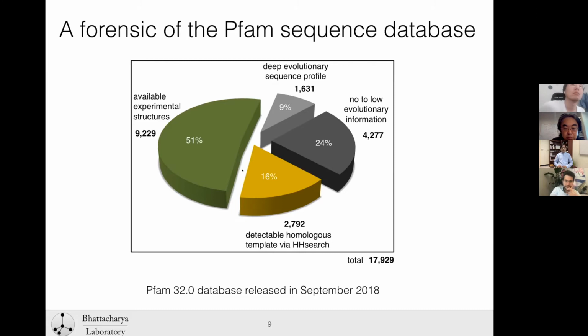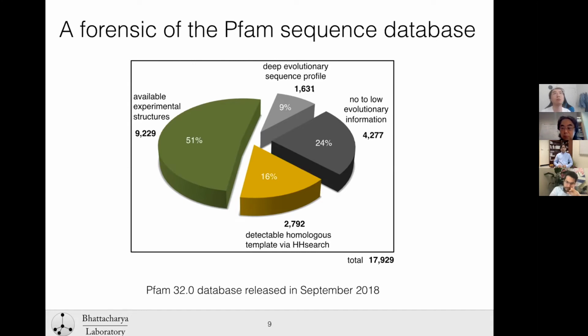But the other half does not have an experimental structure. Out of that half, 16% of families, roughly 2,700 families, have detectable homologous templates via HHsearch. For these, roughly accurate structure models can be predicted from the sequence using template-based or comparative modeling.